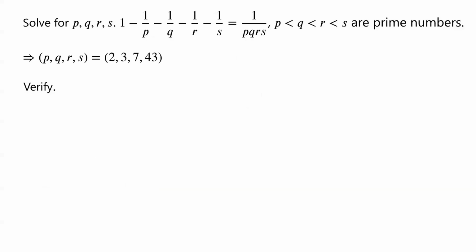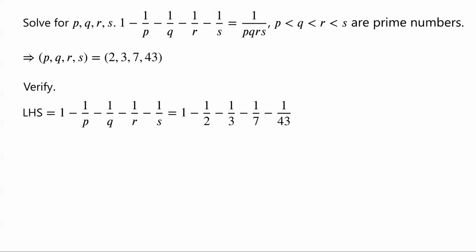When pqrs equal 2, 3, 7, 43, the left-hand side of the original equation is equal to 1 minus a half, minus a third, minus 1 over 7, minus 1 over 43, which is equal to 1 minus 1805 over 1806, which is equal to 1 over 1806.